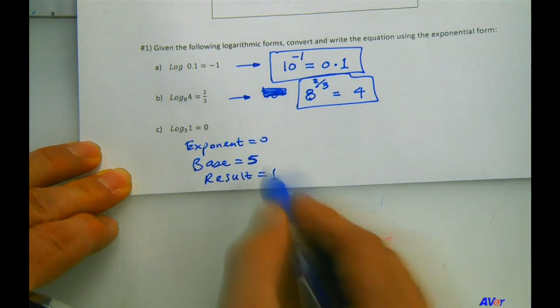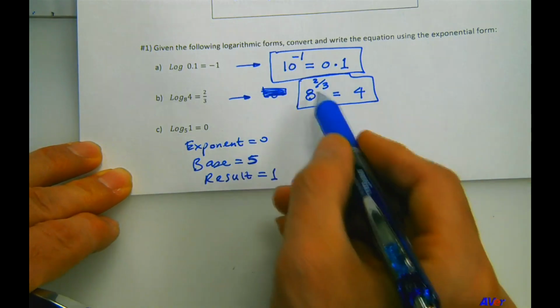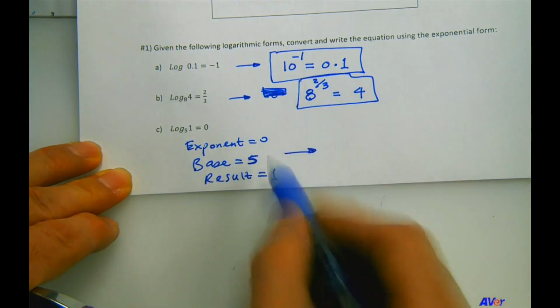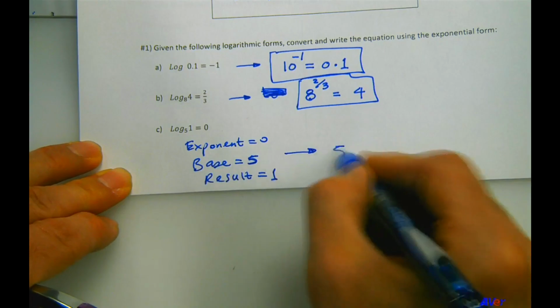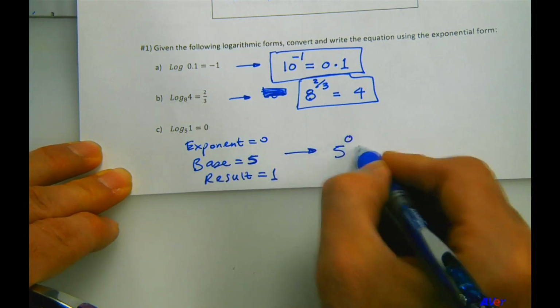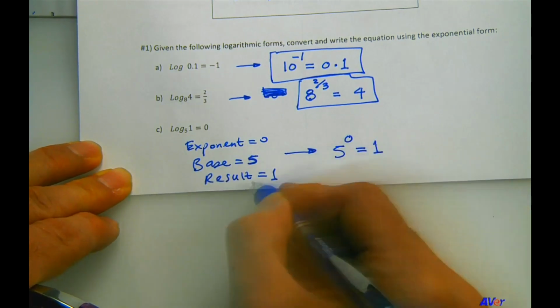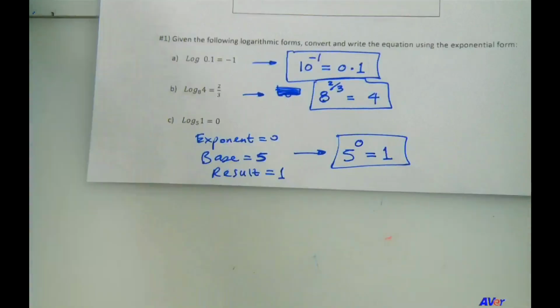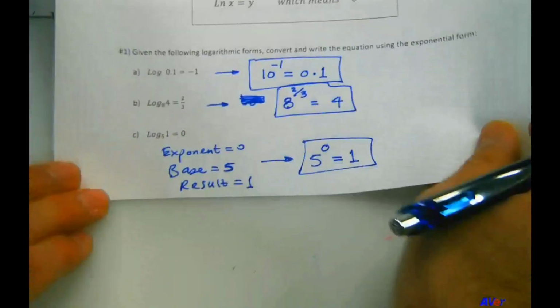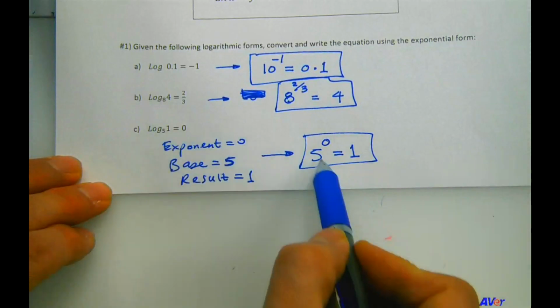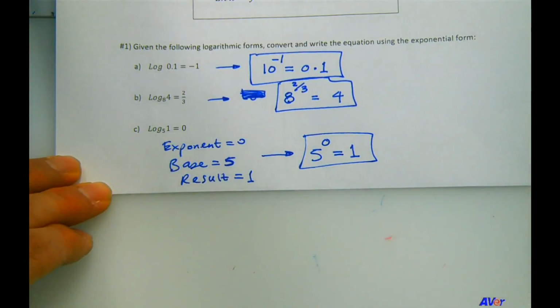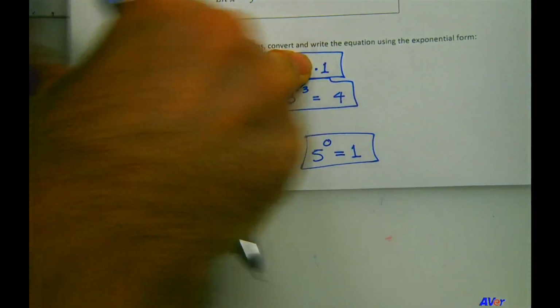Right? So let's put them together in the exponential form. So this base, 5, to that exponent 0 is equal to 1, this result. And I'm going to leave it like that because that's this expression written in exponential form. Okay? All right. So let's see more examples.